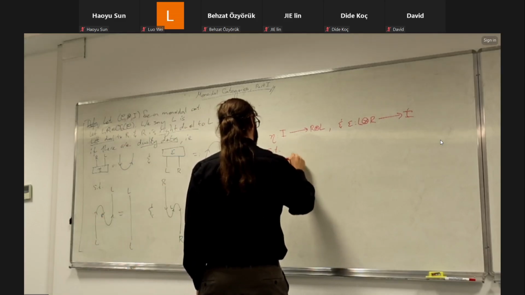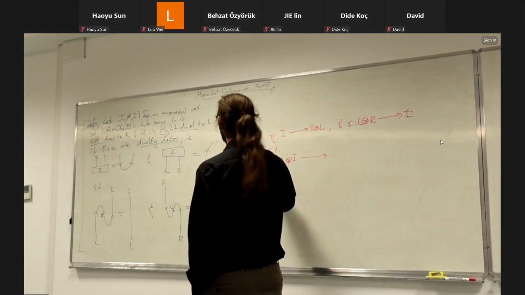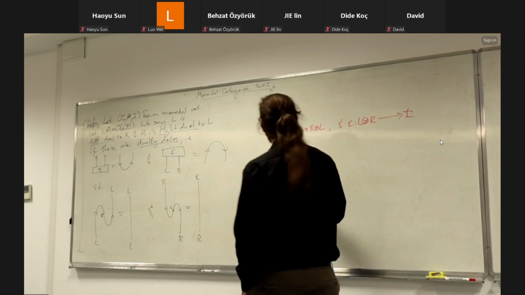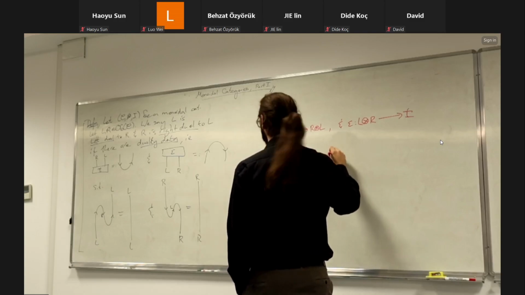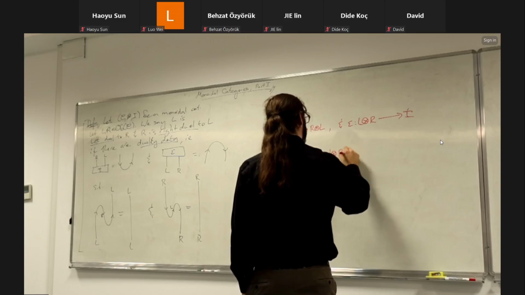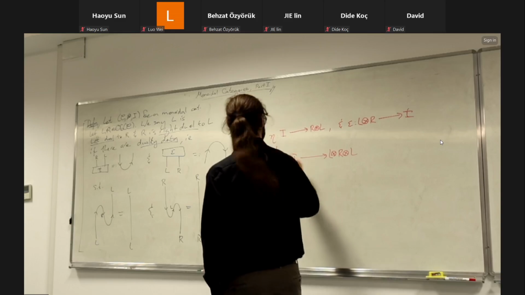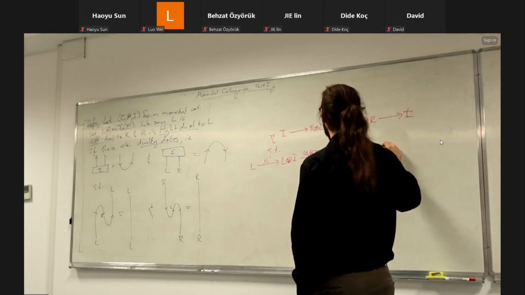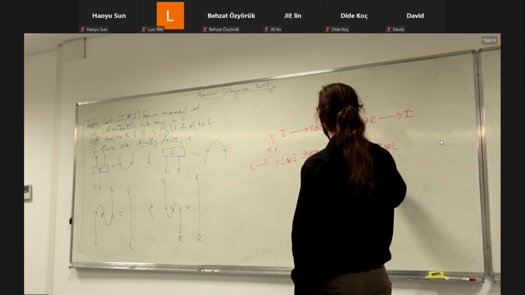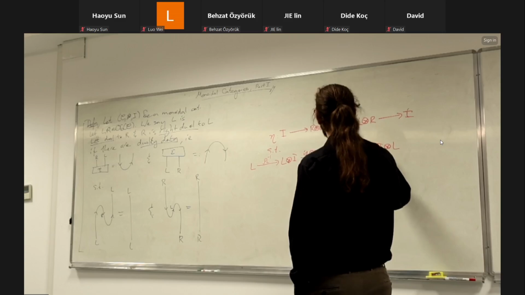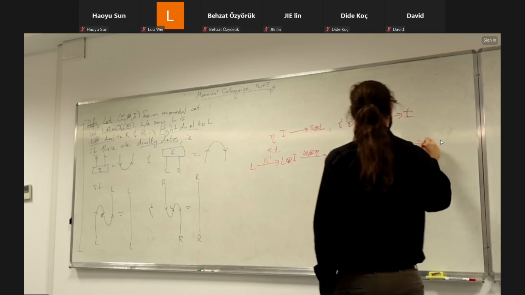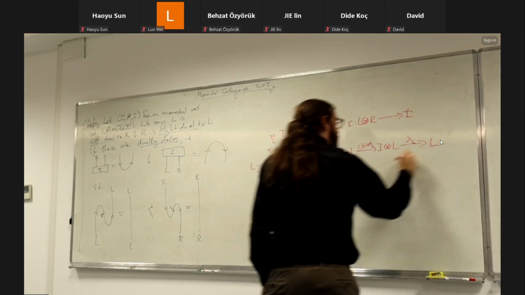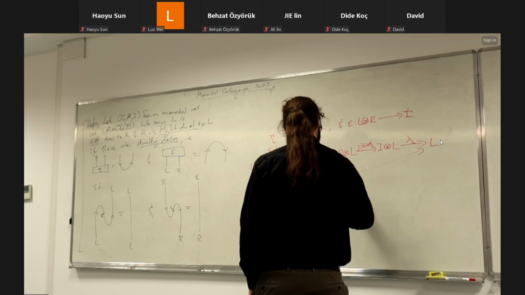So L to L tensor I, so this is rho L inverse, and this goes to L tensor R tensor L, and this is the identity on L tensor eta, and this goes to I tensor L, and this is epsilon tensor the identity on L, and this goes via the left uniter to L, and this has to be equal to the identity on L.